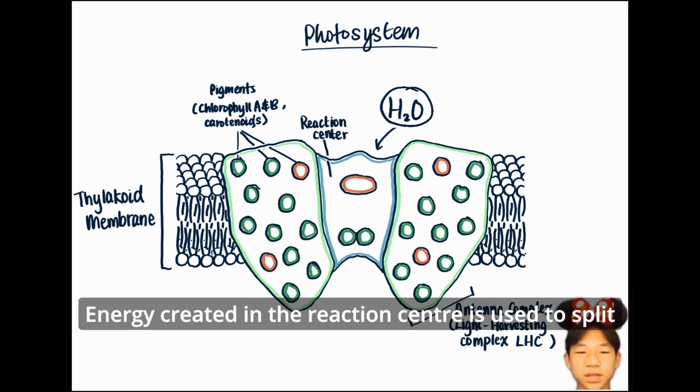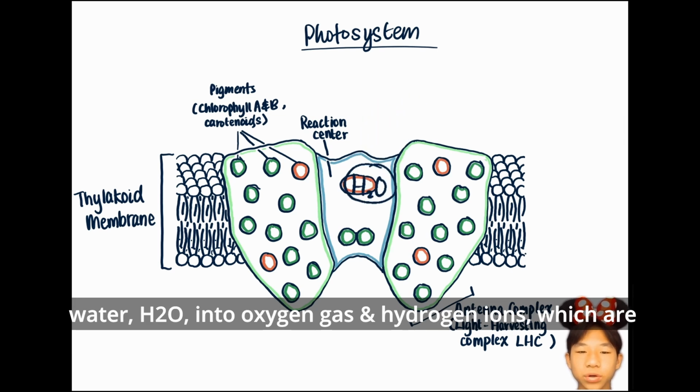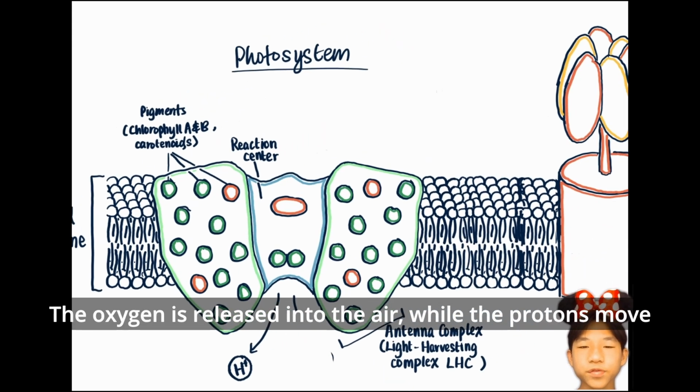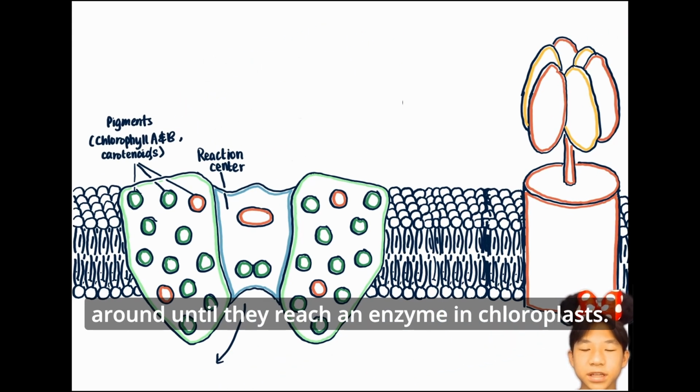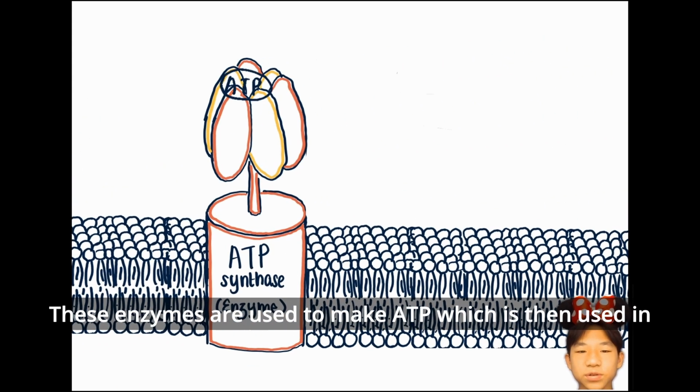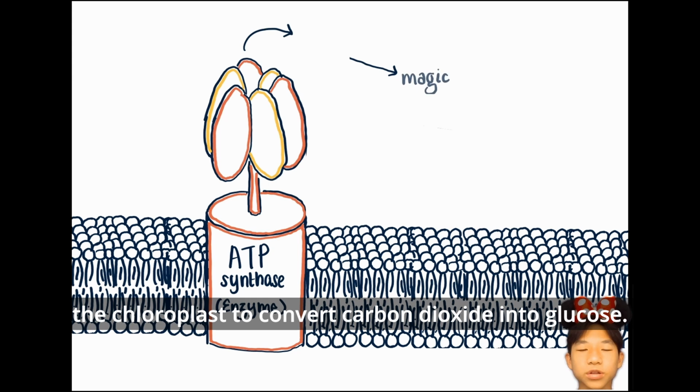Energy created in the reaction center is used to split water, H2O, into oxygen gas, O2, and hydrogen ions, which are protons. The oxygen produced is released into the air while the protons move around until they reach an enzyme in the chloroplast. These enzymes are used to make ATP, which is then used in another part of the chloroplast to convert carbon dioxide into glucose.